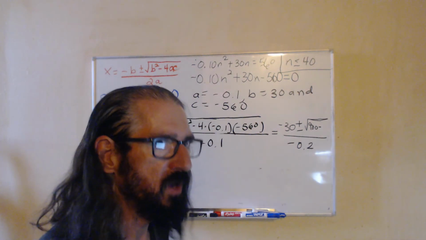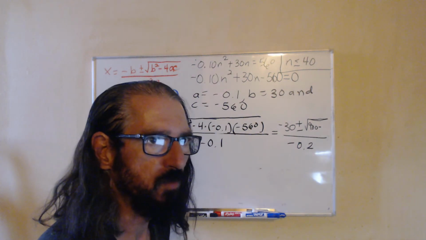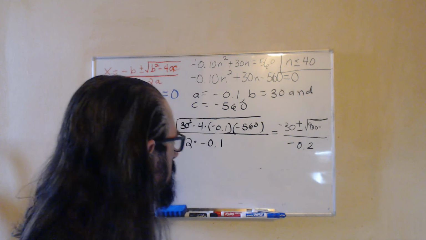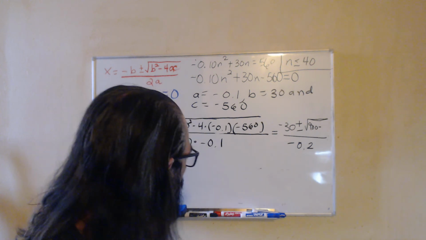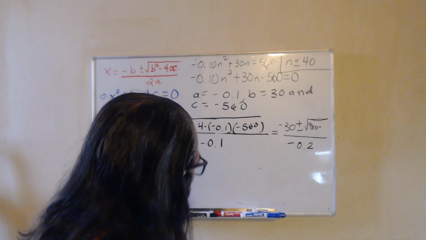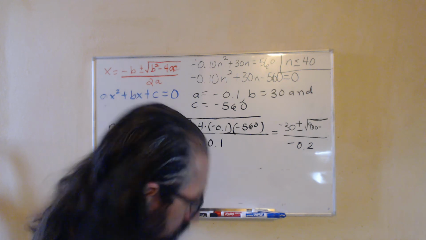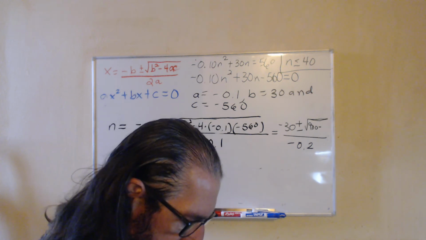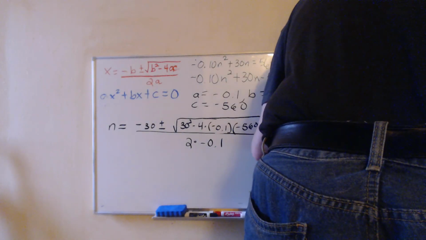I know that whatever answer I get is going to be subtracting some positive number. So 4 times 0.1 is 0.4, and multiplying that by 560, I get, luckily, a nice number, 224.